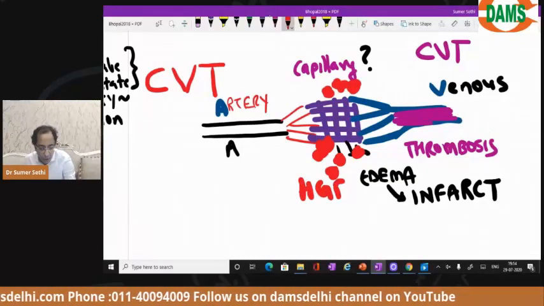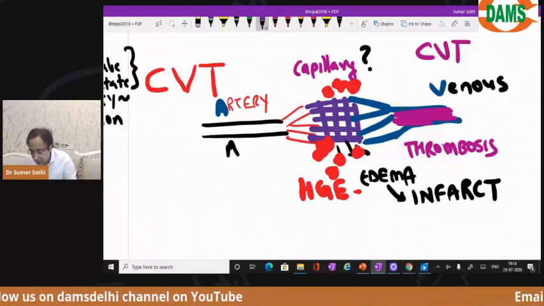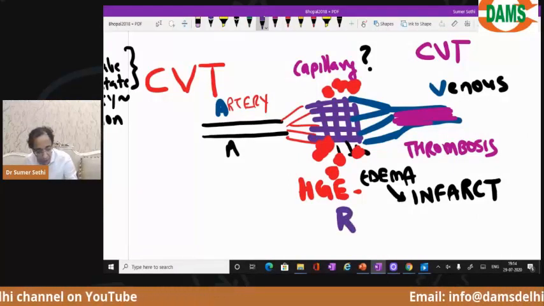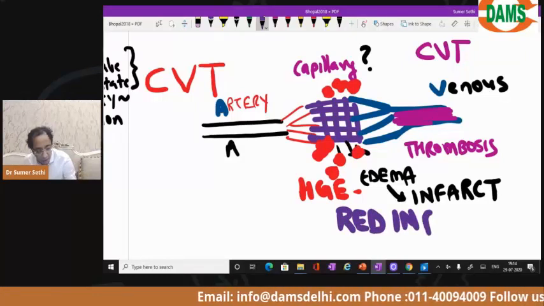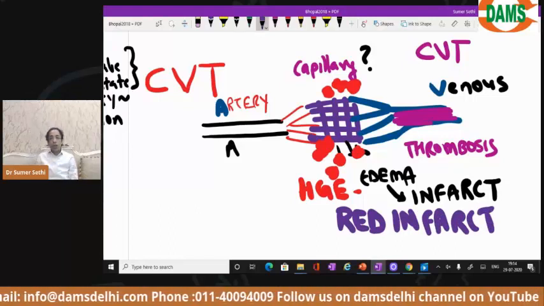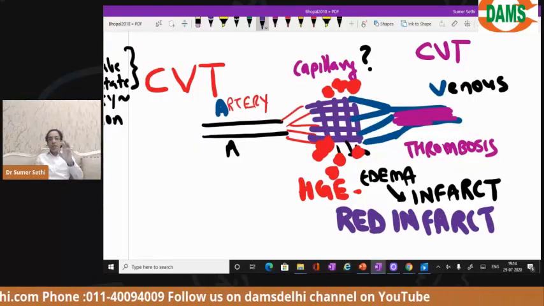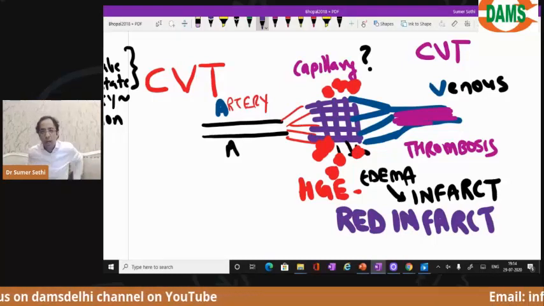So when the capillaries rupture, you develop hemorrhages. Venous infarcts typically will have areas of hemorrhages, and that is why in pathology they use the term red infarct. Do you recall this or not? In pathology, arterial infarcts are pale, venous infarcts in the brain are red.